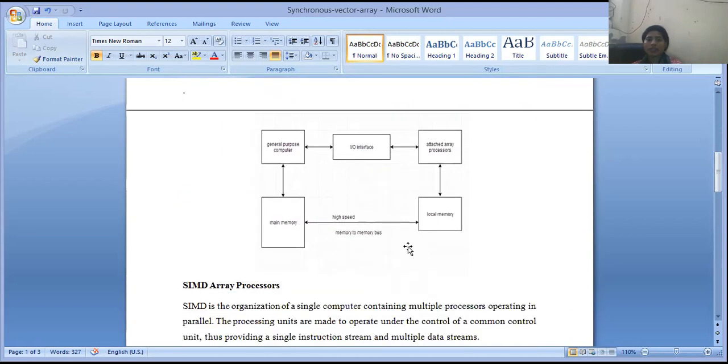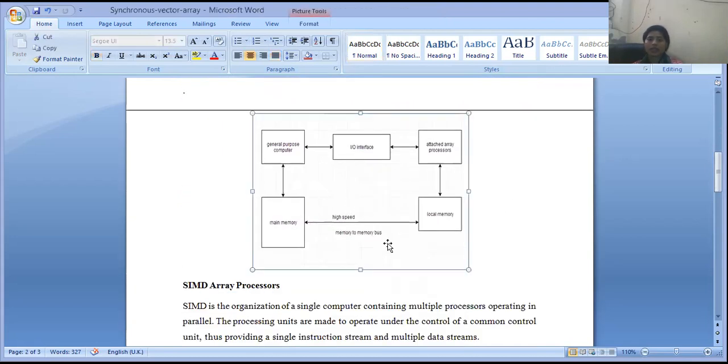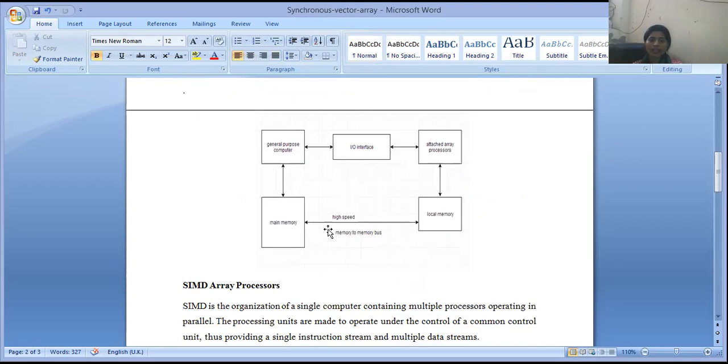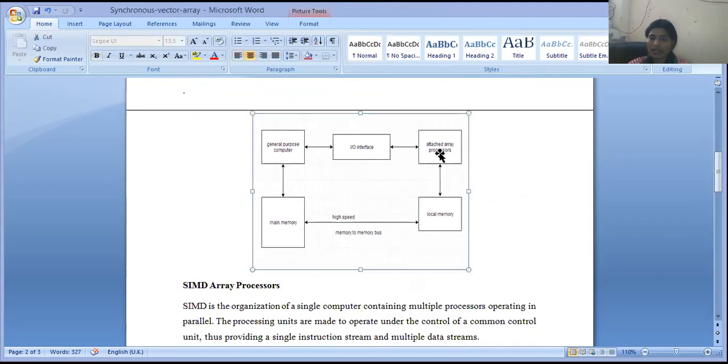Now I move to the next diagram. See here, this is the general purpose computer, and this is the input output interface. Here are the attached array processors, which use local memory storage. This is the main memory, and some data from the local memory is fetched from here at the highest speed and then moved to the bus.